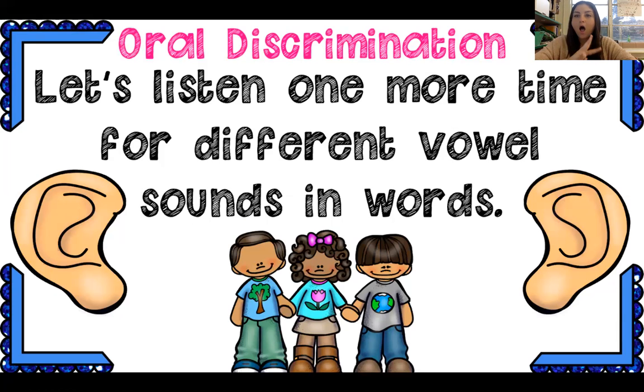O, ah, ow. Crow. I hear the O sound. Number 5 is totem. O, ah, ow. Totem. I hear O, totem. Number 6, shower. O, ah, ow. Shower. I hear ow, shower.